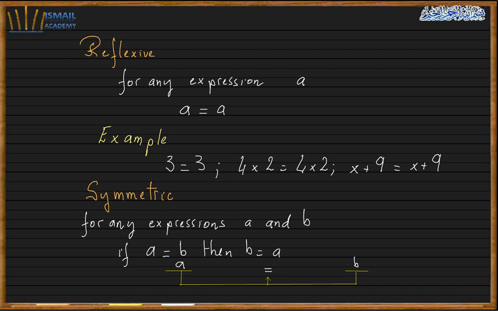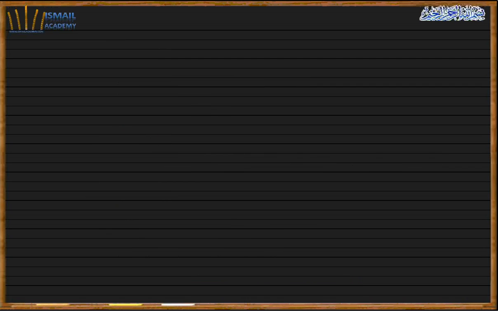So what happens if I switch the order? You see we still have the balance. That's the idea. If I switch the order of the quantities, or if I commute the quantities, we still have the balance. That means they're still equal. Let me give you an example. For example, 4 times 2 is 8.